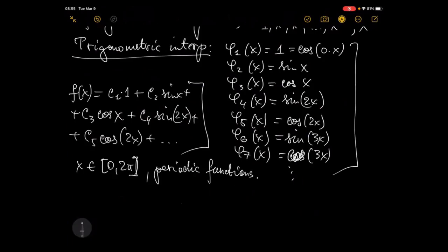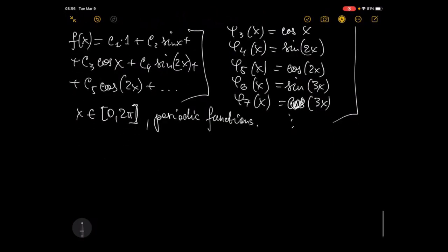All these functions are periodic on the interval from 0 to 2 pi, and I can represent my function through the linear combination of sines and cosines. Do you know by any chance how such a representation is called? Does it have anything to do with the Fourier transform? Exactly.